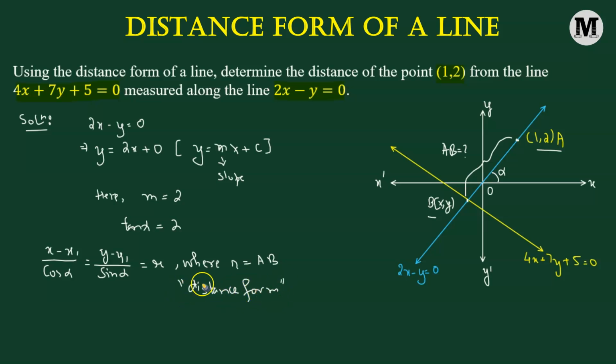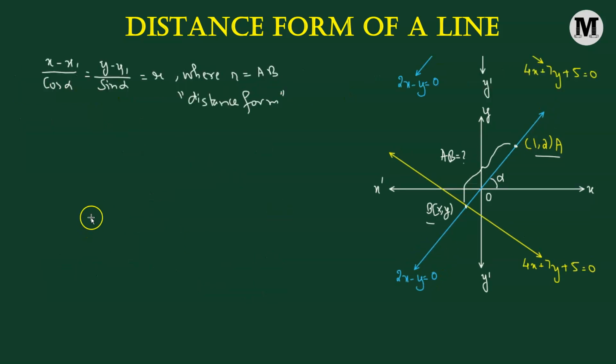We're going to convert our equation 2x - y = 0 into the distance form. So let's apply it. However, one needs to be extremely careful while applying the distance form of a line. Here we have used x - x1 in the numerator and y - y1.